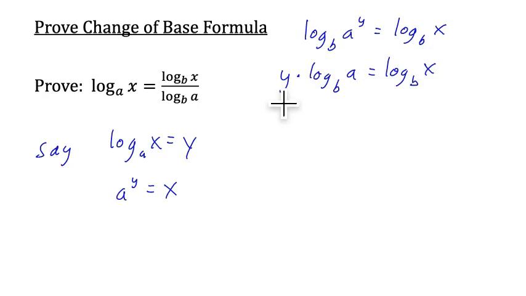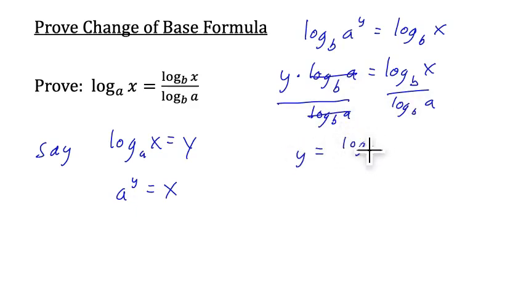Now solving this for y, I'm going to divide both sides by log base b of a. Those logs cancel there. And we end up with y equals log base b of x over log base b of a.